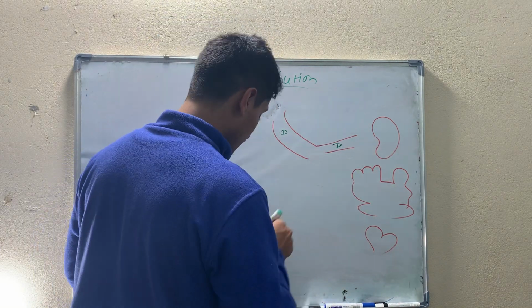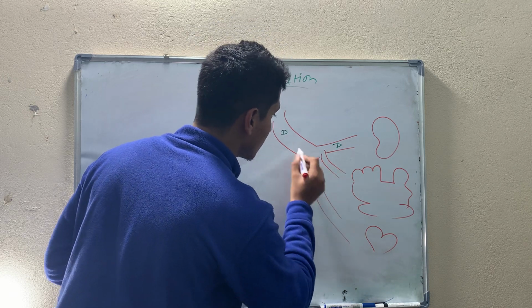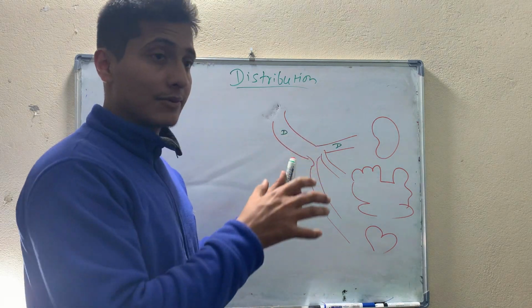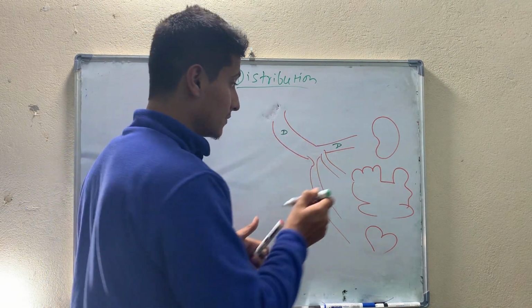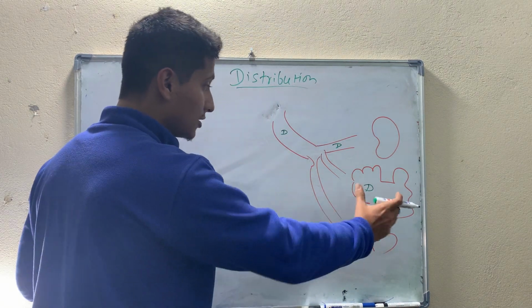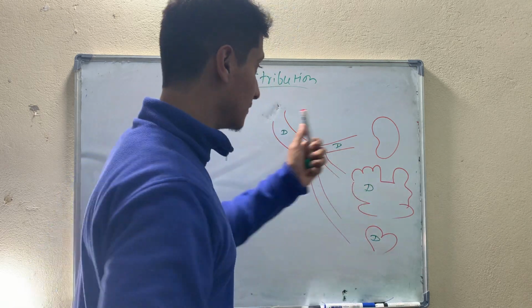These are the vessels going to different organs. So the drug is present in the systemic circulation, and now it has to get distributed to different parts of the body. This whole process of the drug getting into the organs and the tissues from the systemic circulation, that's called distribution.